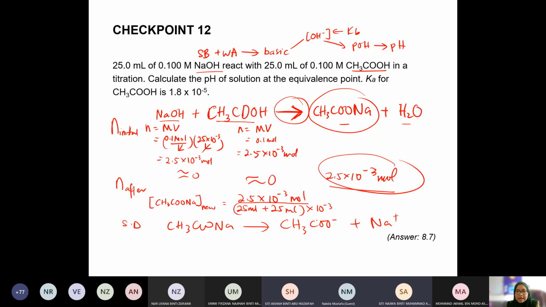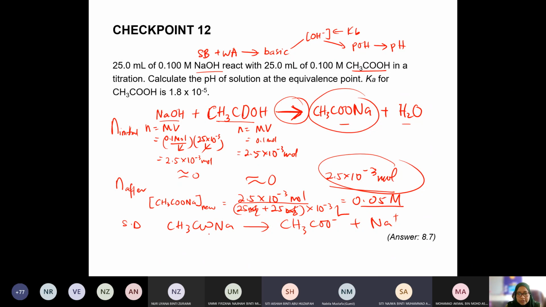Okay guys. Liter, darab 10 kuasa -3 liter. So 2.5 exponent -3 divided by 50 exponent -3. So you should get 0.05 mole per liter, which is molar lah. There you go. So you dah ada lah concentration here.